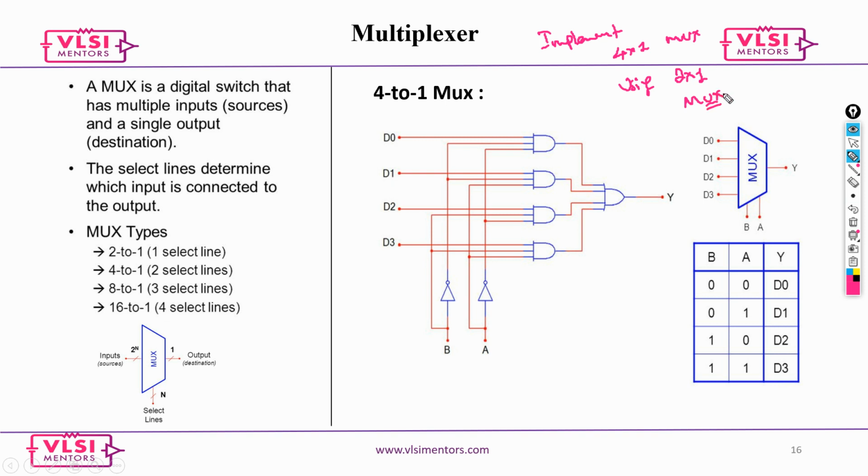Say what I need is basically a 4 cross 1, but unfortunately I have only the 2 cross 1s with me in my library. So now how do you go and design this? How do you implement this?